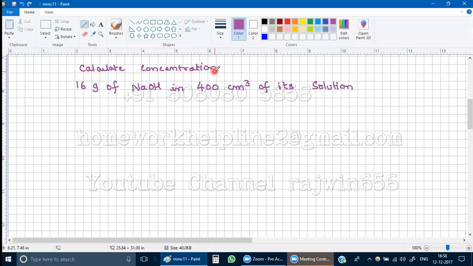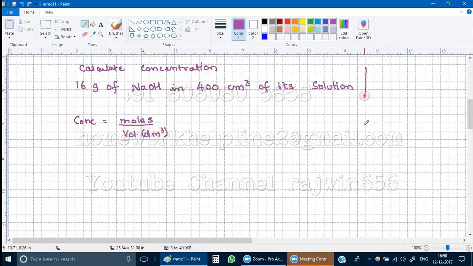So this is our next example. Calculate the concentration of the solution. 16 grams of NaOH, sodium hydroxide, which is a solid, is dissolved in water and we get 400 centimeter cube of its solution. Our formula remains the same: concentration is equal to the number of moles divided by its volume in dm cube.